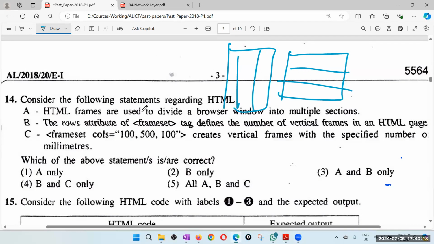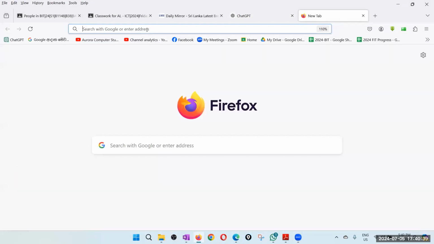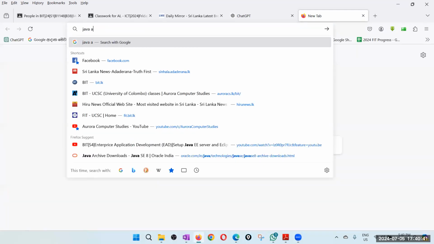But these frames are no longer used much because there's a better approach called iframes. It can be anywhere. The frame can be anywhere or any shape. But these are the traditional frames. So the question is about that, usually we don't use traditional frames much. For example, this is a traditional frame if you go for something like, say, the Java API doc.